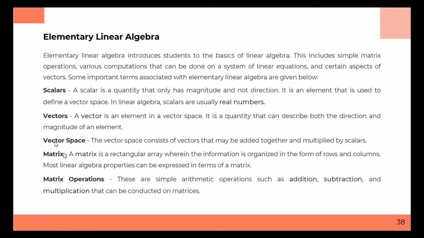Now, vector spaces consist of vectors that may be added together or multiplied by scalars. Scalars means their vector magnitude could be multiplied, or they may be added. So that's what we can do as operations on vectors.